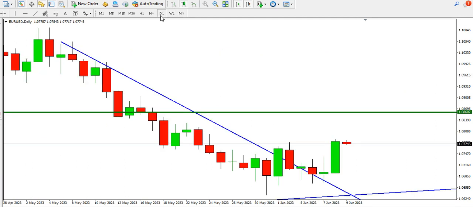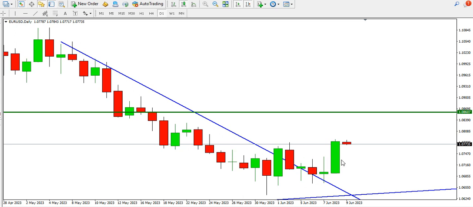For the daily time frame for EURUSD, we can see that price is gradually trying to form a low around here. So we have this candlestick that is quite longer. The body is quite longer than what we have on the left side, and we have this particular green candlestick whose body is also much longer than every other candlestick on the left side.